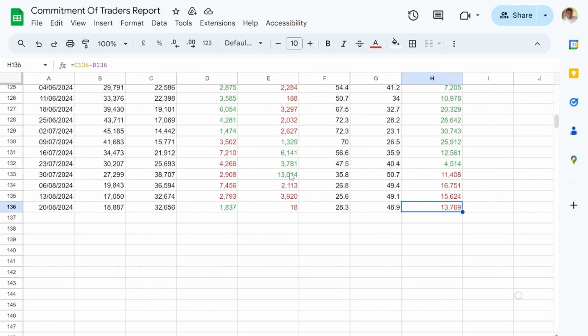That is, of course, after adding 13,014 shorts to the equation. Now we have a net negative position here in most recent data, so we have 1, 2, 3, 4. So over the past 4 weeks, we have had a net negative position. But then guess what?